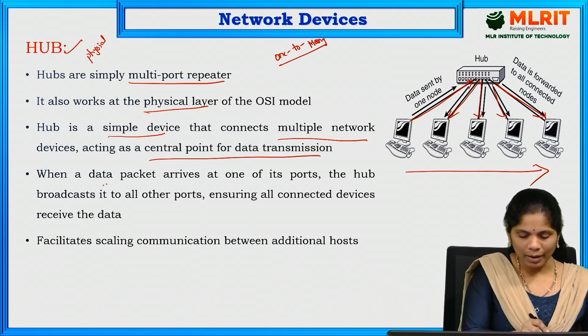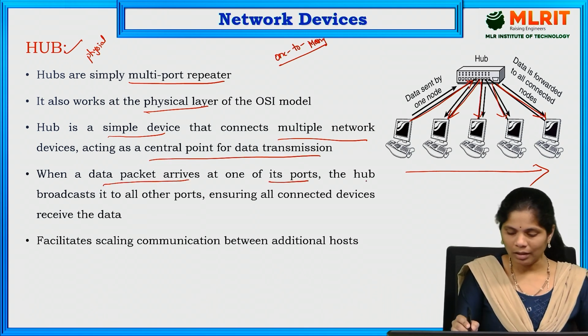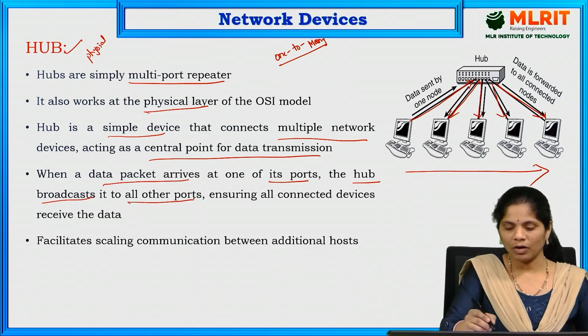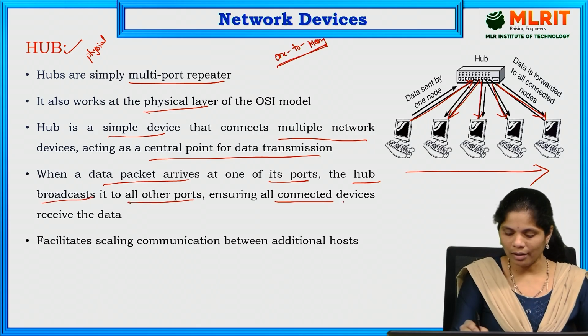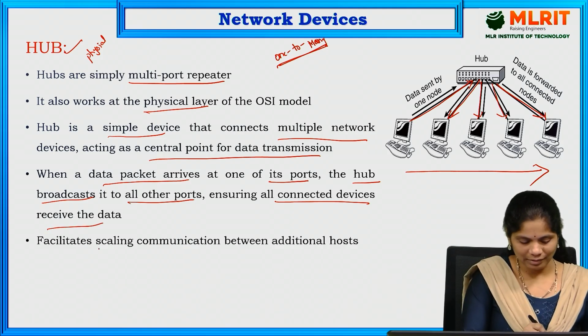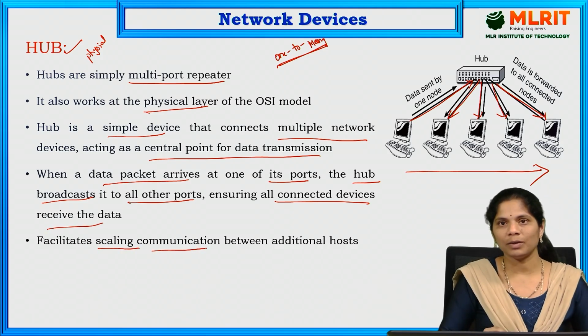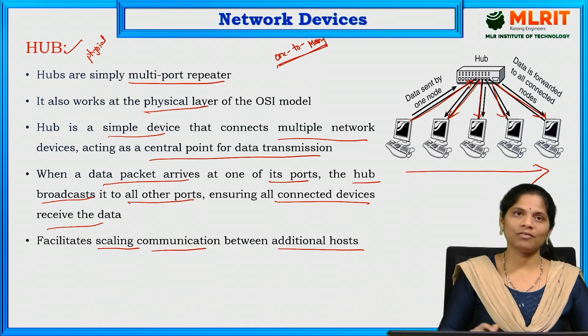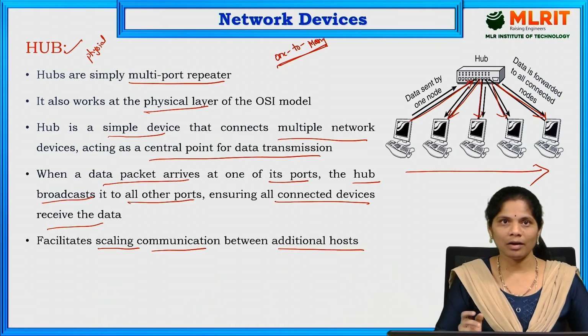Whenever a data packet arrives at one of its ports, the hub broadcasts it to all other ports, that is 1 to many ports, ensuring all the connected devices receive the data, and it also facilitates scaling communication between additional hosts. That is about the hub, and that is the difference between the repeater and hub.